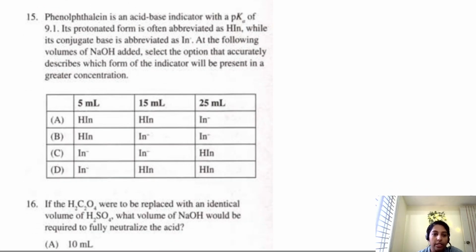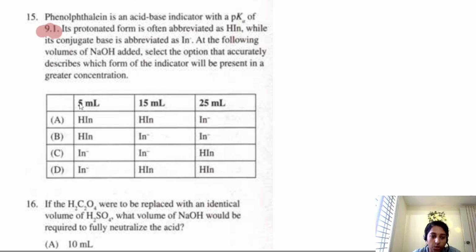Okay, then the next question. Phenolphthalein is an acid-base indicator with a pK of 9.1. Its protonated form is often abbreviated as HIn, while its conjugate base is abbreviated as In minus. At the following volumes of NaOH added, select the option that accurately describes which form of the indicator will be present in greater concentration.